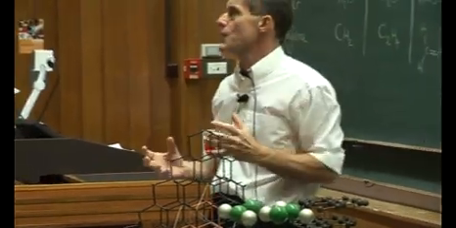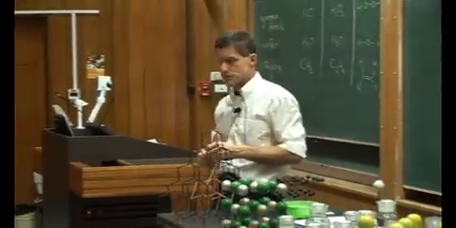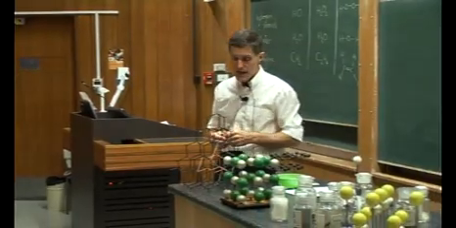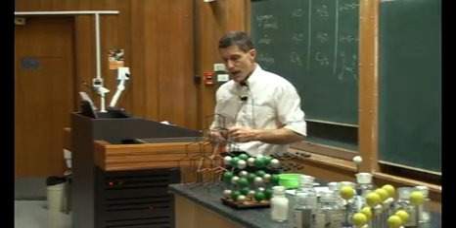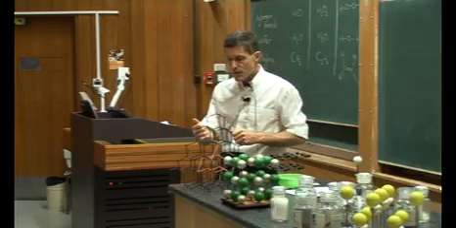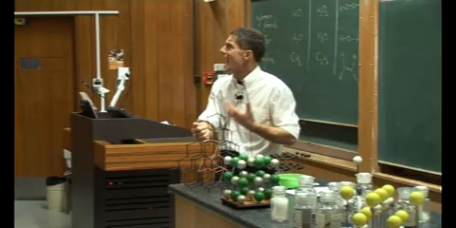So we have not a discrete molecule, but we have a huge network of covalent bonds, and we call these network solids. In the case of carbon, we have 4 bonds to each carbon atom, as you'd expect.